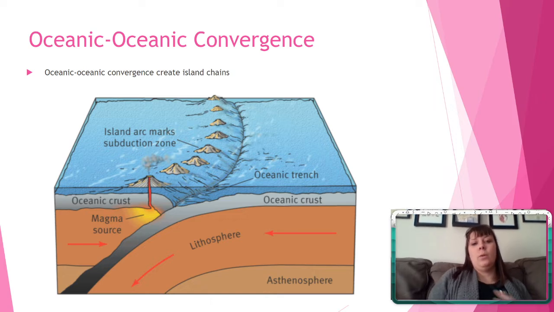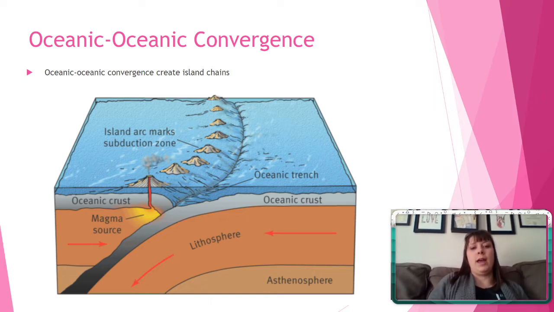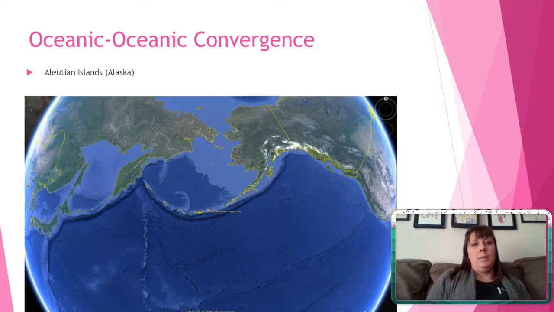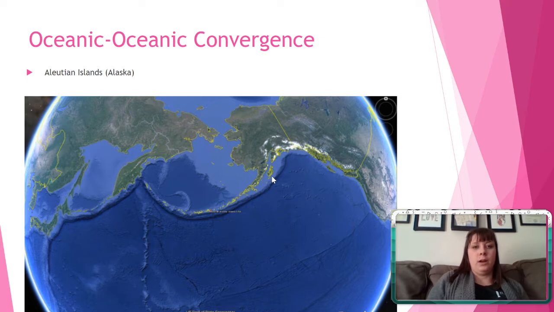And then we'll also create usually like island chains as well as like trenches by those island chains. So here, a great example of oceanic convergence would be the Aleutian Islands in Alaska. So those are the islands that are right. You can see my cursor of my mouse right here.